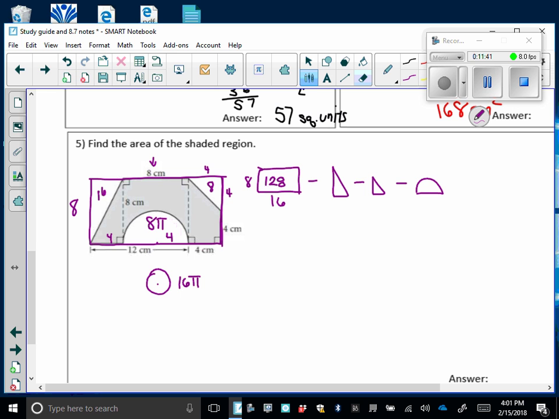So that would just be 128, take away 16, take away 8, take away 8 pi. These subtract to be 104, take away 8 pi. And that is your final answer in centimeters squared. So it's just an efficient way to do the problem.